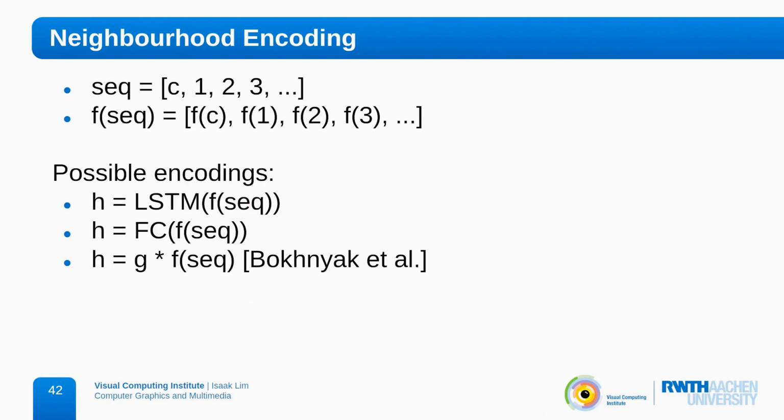If we fix the length of our sequence, since it is ordered, we can simply stack the feature vectors and then use a fully connected layer to compute an encoding of that local neighborhood. And as has been done later on, we can also simply define weights for each position in our fixed-length ordered sequence and then directly compute a weighted sum, which is a convolution operation.